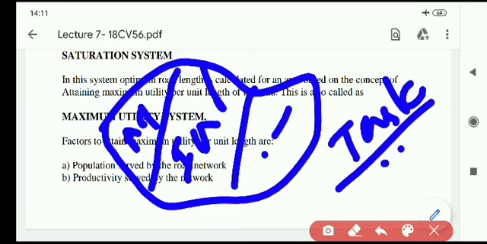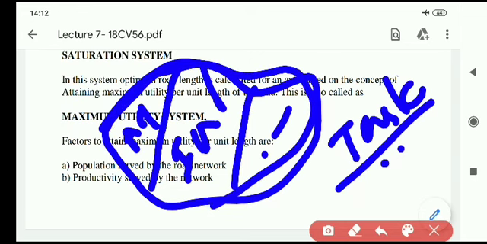Saturation means ultimate. So this is a system, and a study area is a system. See here what the government will do: it will give projects to many people, and many people will give many proposals for this same particular area. At last the best proposal should be chosen.